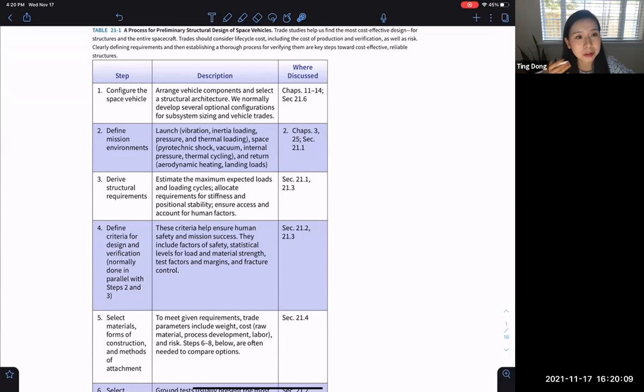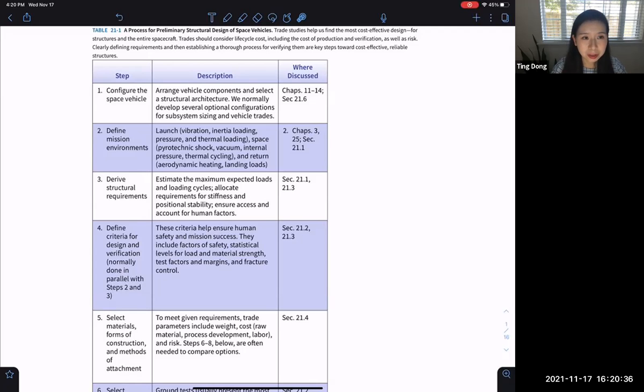You need to decide where to put the engine, where the propellant tanks are, and where to put the battery or solar panels. So the structural configuration is basically dependent on all the other topics you have already done, and you want to put them in a nice way to configure your vehicle.